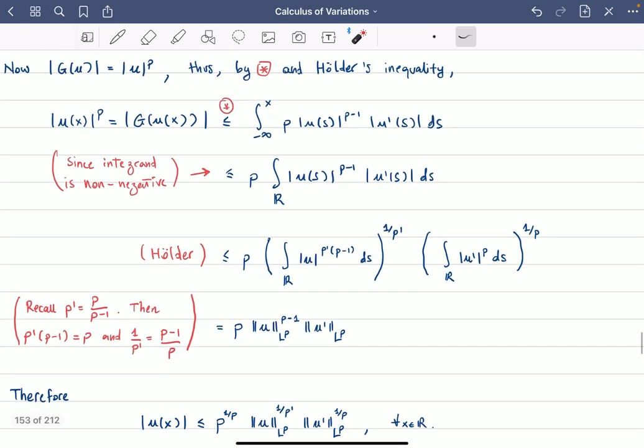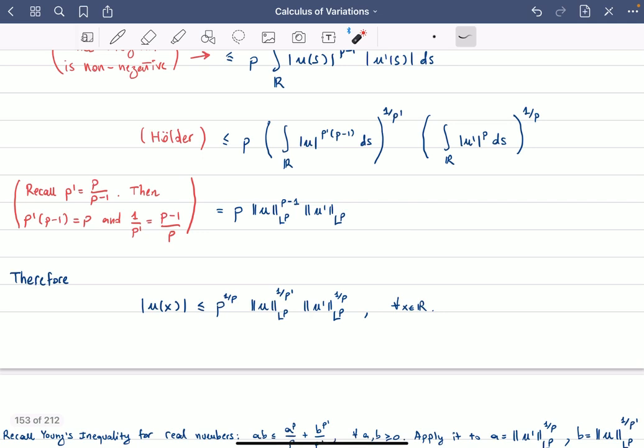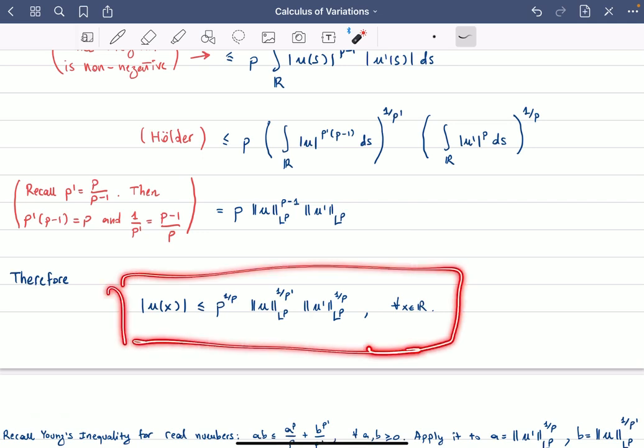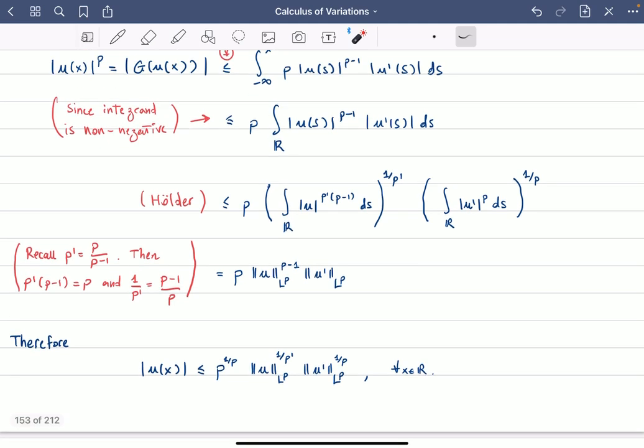Okay, so in the end we deduce that for every x in R, the absolute value of u to the power of p is less or equal than p times these two norms. I'm just summarizing, because I can take the p-th root of this expression, left hand side and right hand side, and obtain this one.